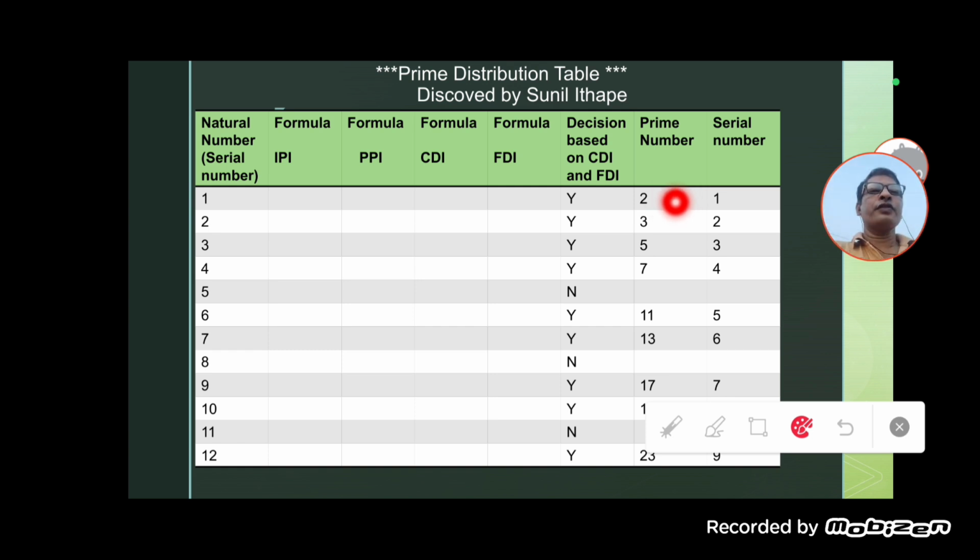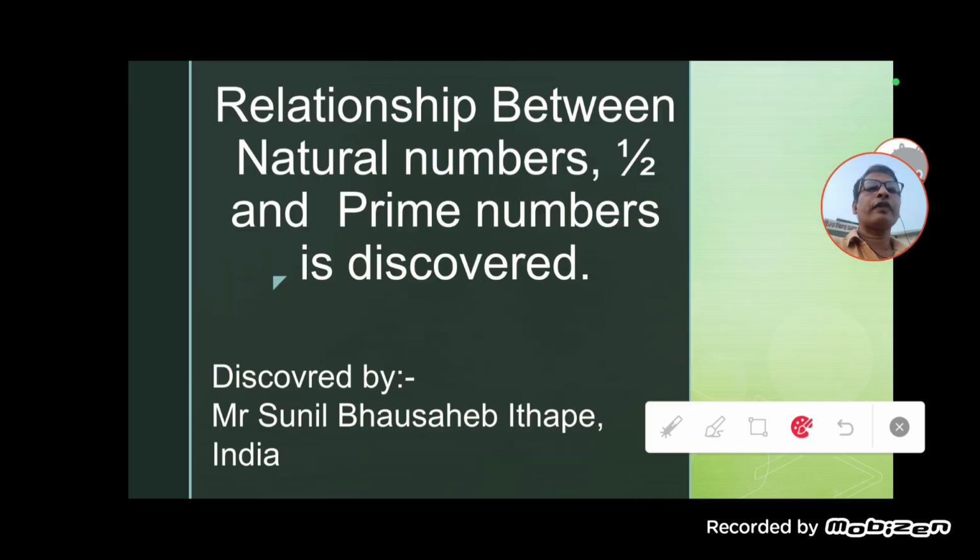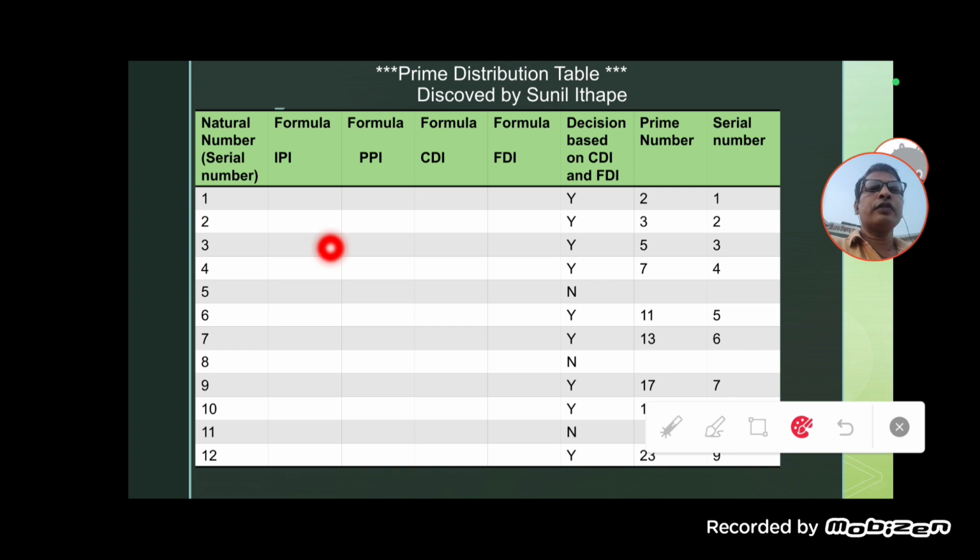How is this relationship established? Whatever I do in the first row, the same procedure is repeated in all rows. Now what is in the second, third, fourth and fifth columns? These are formulas.